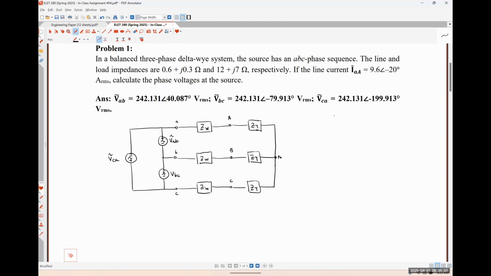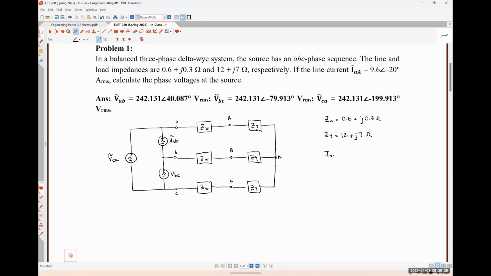So let's see, for our given information, we're told that ZW is equal to 0.6 plus J0.3 ohms. We're told that ZY is equal to 12 plus J7 ohms.